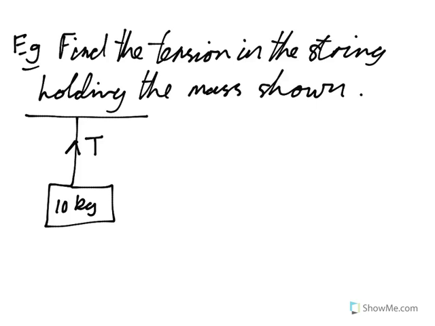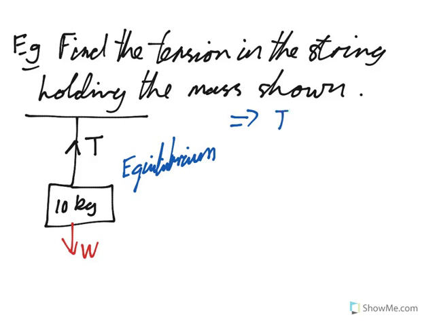Alright, so we're going to think about what's going on here. Now if that's hanging there, gravity's going to work on it, it's going to have some weight, the tension is going to be holding it up, and you would assume then that what we have here is equilibrium. But anyway, so if we have equilibrium, what that means is that the tension equals the weight in size, but opposite in direction, obviously.